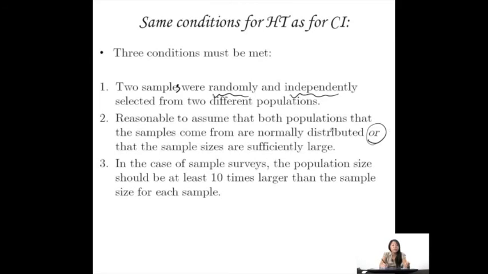This is to ensure the normality of the SDOMs. Also, in the case of sample surveys, the population size should be at least 10 times larger than the sample size for each sample. And this is just so that we could assume replacement, right? Because probability axioms change when you don't assume replacement.